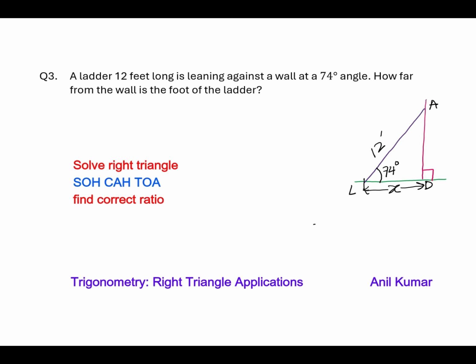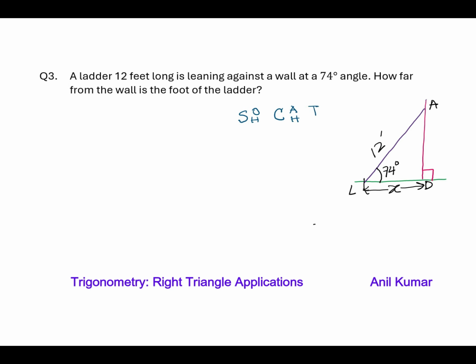So, which trigonometric ratio relates to that? This is what you need to figure out first. We know SOHCAHTOA. Sine is ratio of opposite to hypotenuse, cos is adjacent to hypotenuse, and tan is opposite to adjacent. In the given scenario, we are talking about two sides which are adjacent side and the hypotenuse.